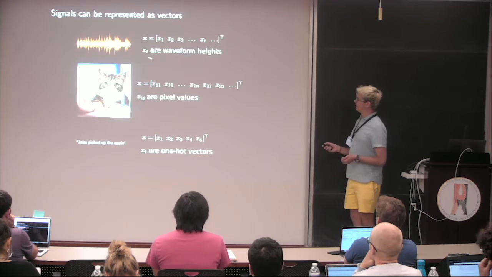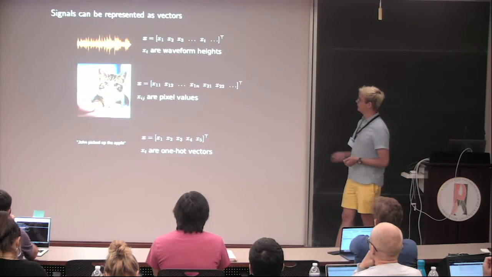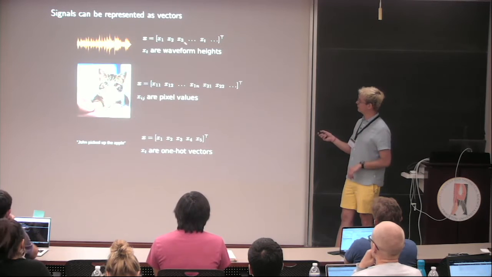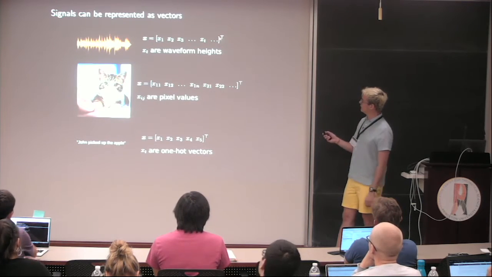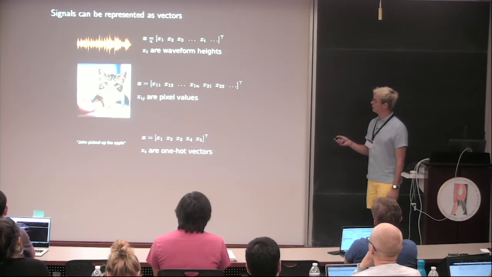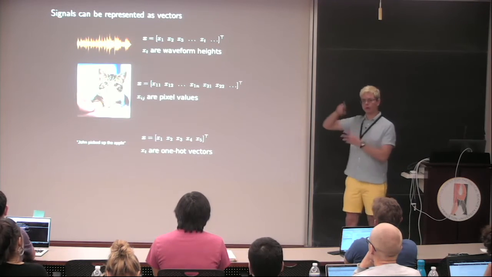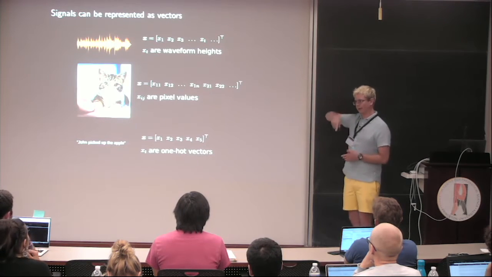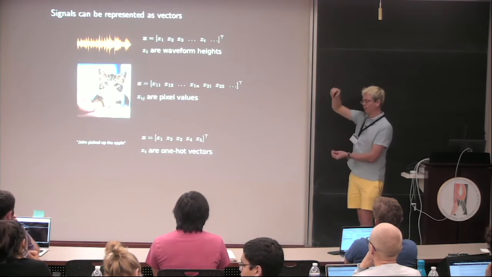So in this case, x_t is a waveform height. There is a t here because I usually have vectors as column vectors in my mind. So although I wrote them as a row, these are column vectors.